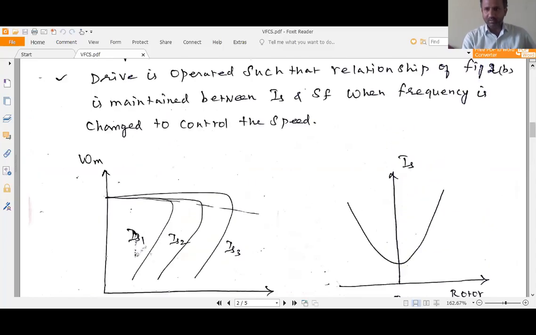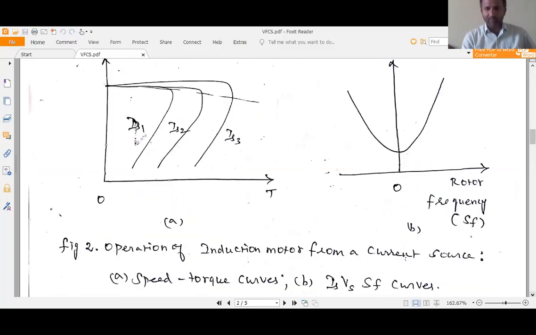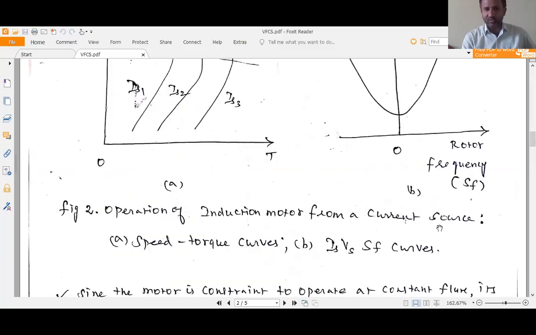So the characteristics of this VFCS are shown in the figure. For the operation of an induction motor fed from a current source, figure A indicates the speed torque curves, and figure B indicates the Is versus rotor frequency curves.